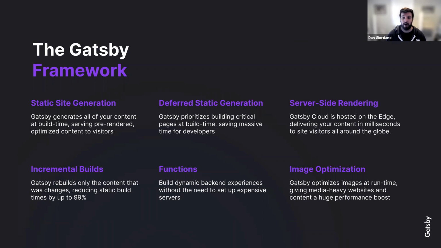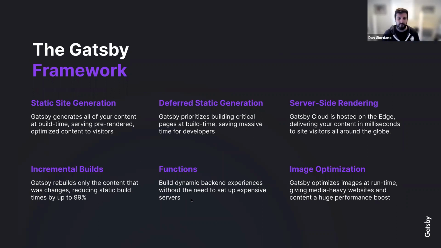Actually, sorry, server-side rendering is not on the edge at this time, but you're going to be able to dynamically generate content, like let's say a Twitter feed, on the fly. So you can take a component, a page request, and in real time, update that data.